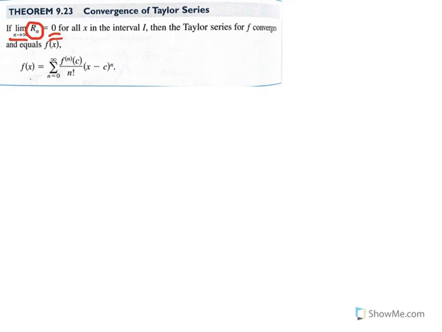And we have to show that that remainder will go to 0 as n goes to infinity. If we can show that, then we may conclude by Theorem 9.23 that the Taylor series that we found yesterday will in fact converge to the function sine x on its interval of convergence, which is all real numbers.